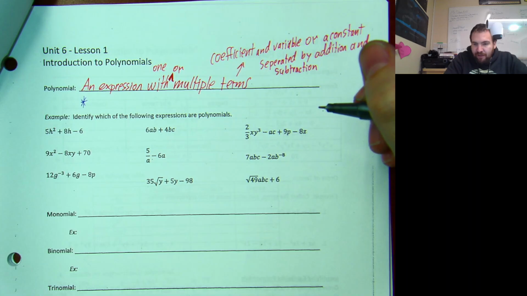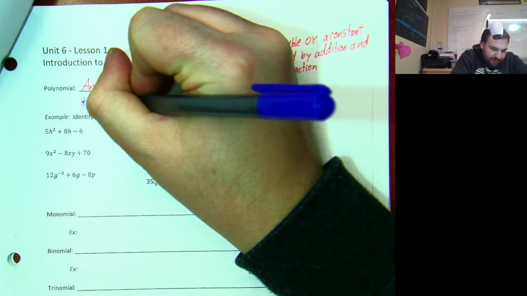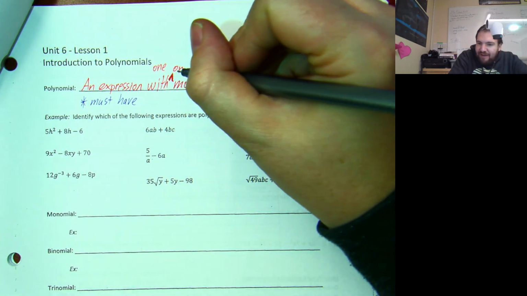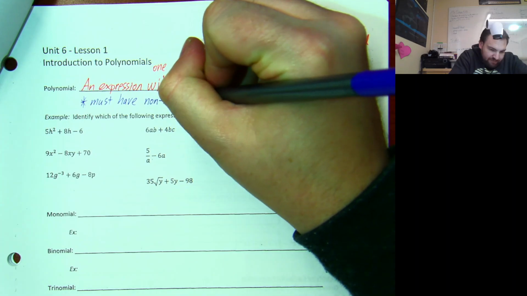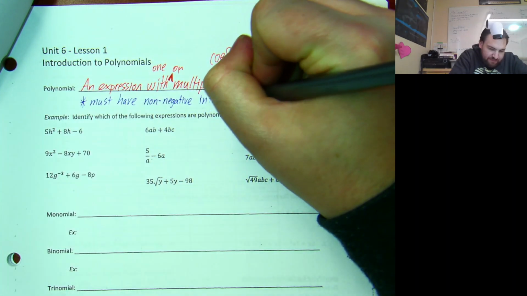So a polynomial must have, I'll say it this way, non-negative integer exponents.